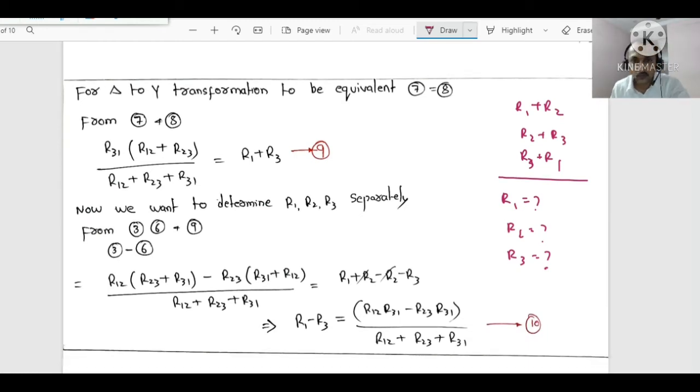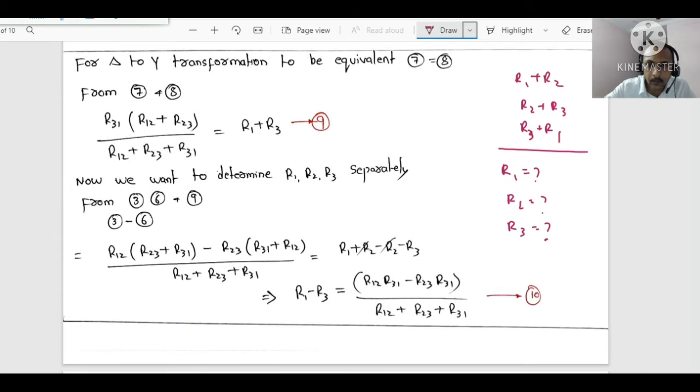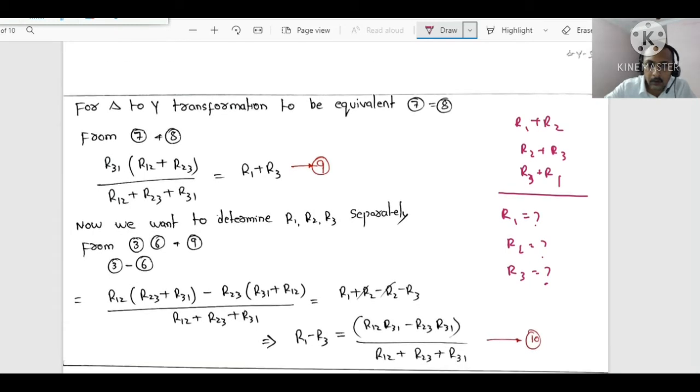Observe. See here, from 3, 6 and 9, let me separate 3 minus 6. For example, the equation which we got in terms of R1 plus R2 is given number 3. R1 plus R3 is given 9, no?